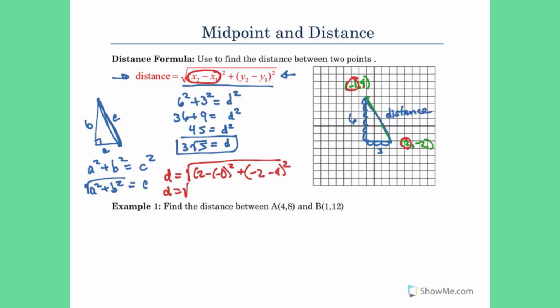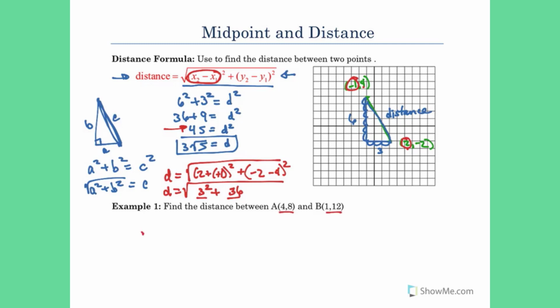So I'd have the distance equals the square root. That's going to be 3 squared. That's going to be negative 6 squared, which is 36. So 9 plus 36 is 45, and I get exactly the same answer. So you can find the distance by drawing it out on a grid, or you can memorize the formula. But it is just the Pythagorean theorem.